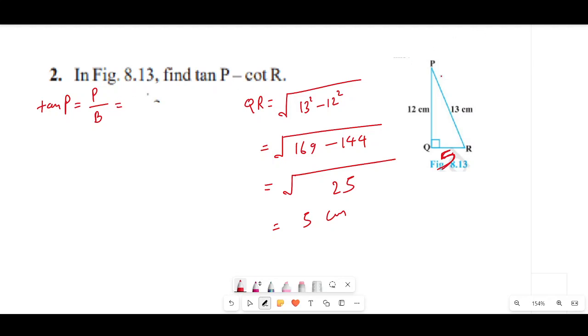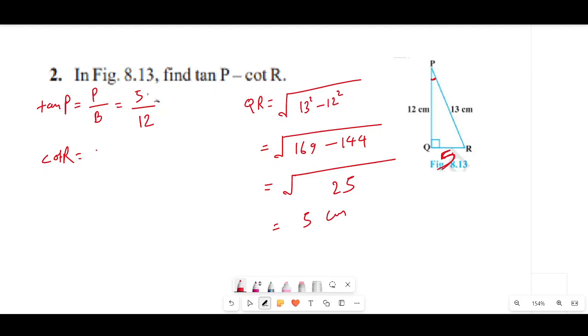If we consider P as the angle, then the opposite side will be perpendicular. Perpendicular is given as 5, and the base will be the adjacent side, 12 centimeter. So 5 by 12 is tan P.